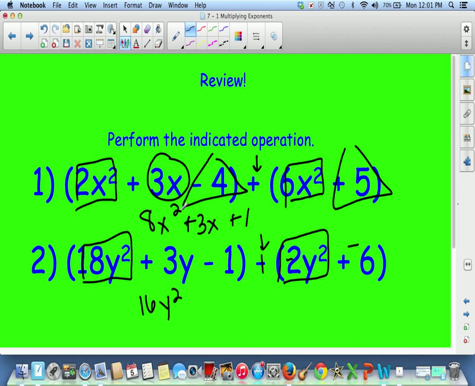And then we have 3y. That's by itself. And then a -1 plus a -6 is going to be a -7. So that's how you would do that problem.